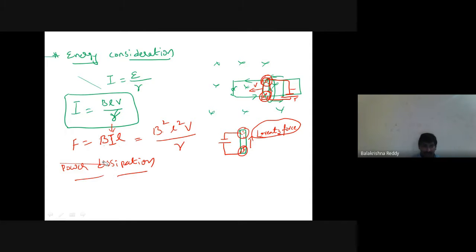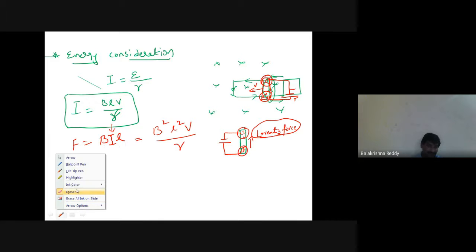Before going to dissipation, I have to talk about power consumption, which is the power produced due to the external force.